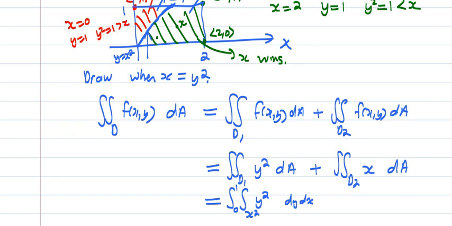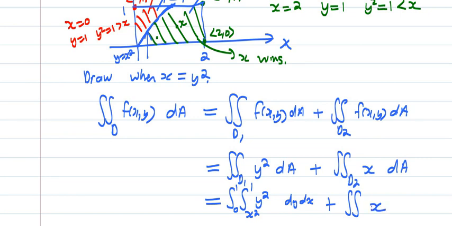Y ends when it's equal to 1. So the double integral over D1 is an integral from 0 to 1, x squared to 1, y squared dy dx. Now, let's do the double integral over D2 as an iterated integral.